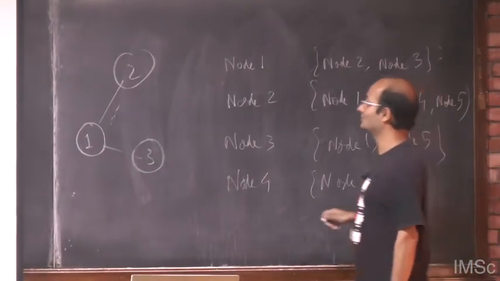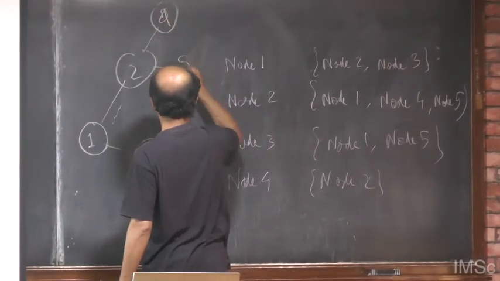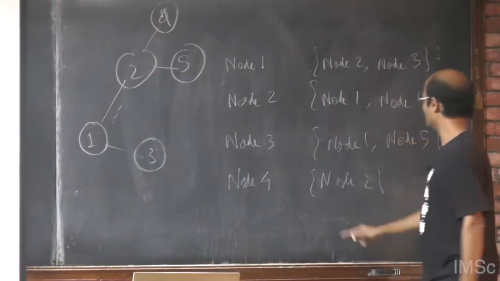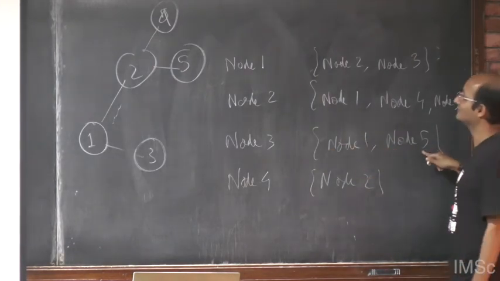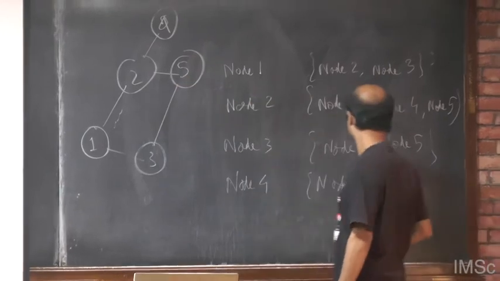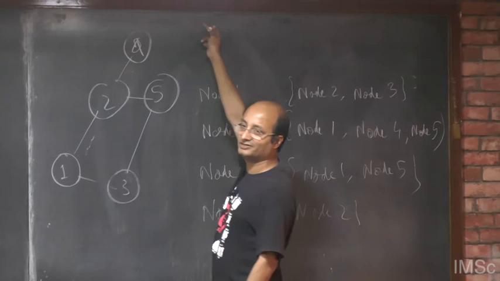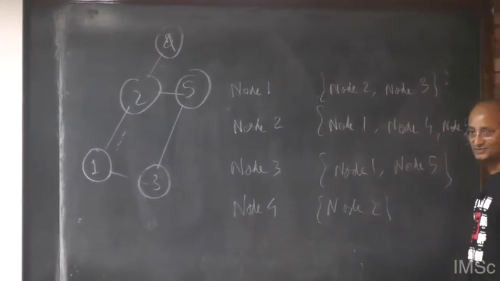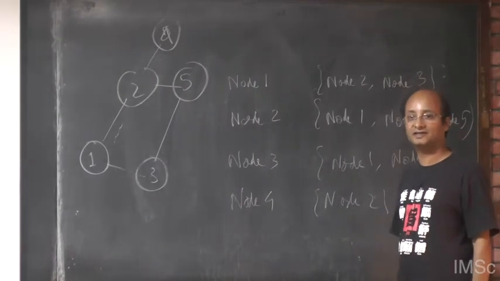It also has connections with node 4 and node 5. Node 3 has a connection with node 1, which is already presented, but it also has a connection with node 5. Node 4 has a connection with node 2, which is already accounted for, and no other additional links and so on. In this way, from the adjacency list, I can easily construct the graphical representation.